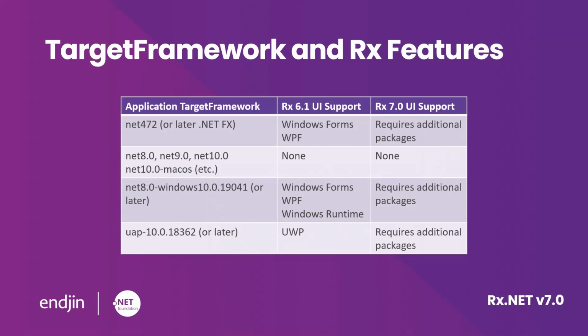So, starting with RX version 4.0 and up as far as version 6.1, this meant that if you targeted .NET Framework, a reference to just System.Reactive would provide WPF and Windows Forms features. If you use .NET Core with a non-OS specific TFM or a non-Windows TFM, then System.Reactive would not have any WPF or Windows Forms features. But if you used a Windows specific TFM, then System.Reactive would include WPF and Windows Forms support.